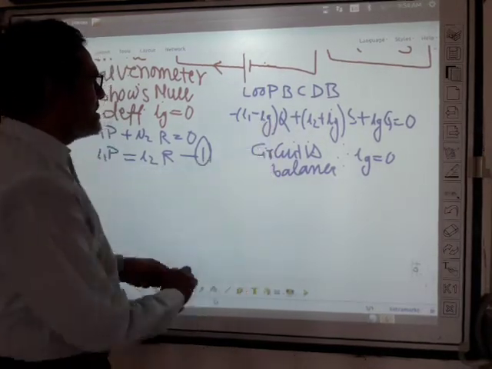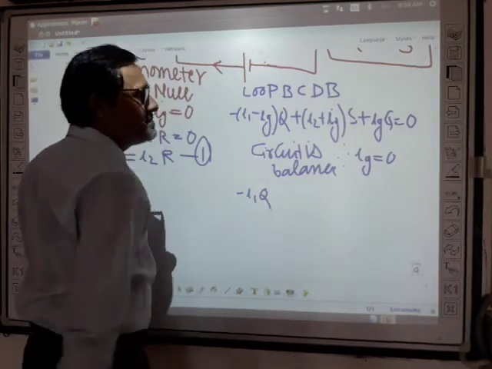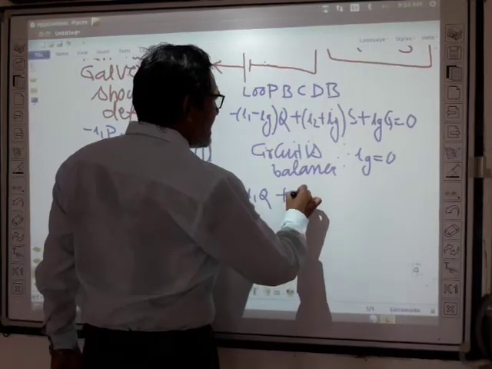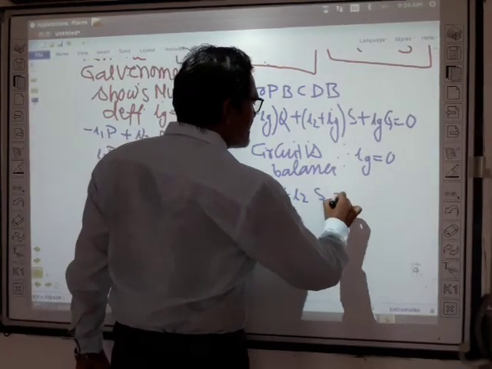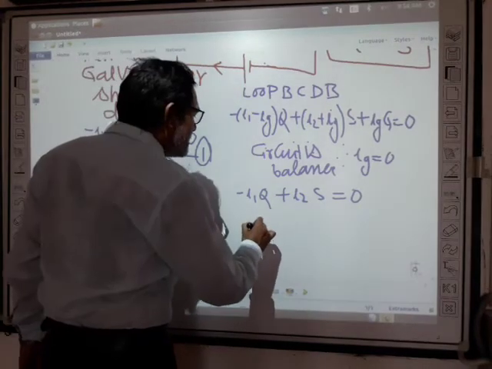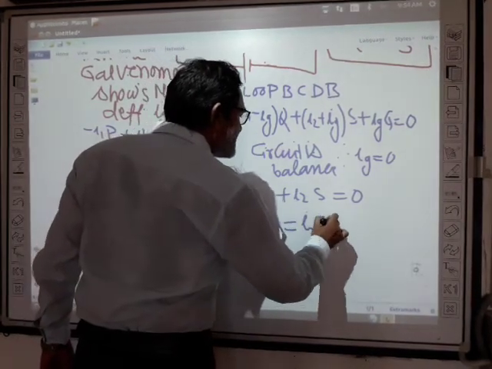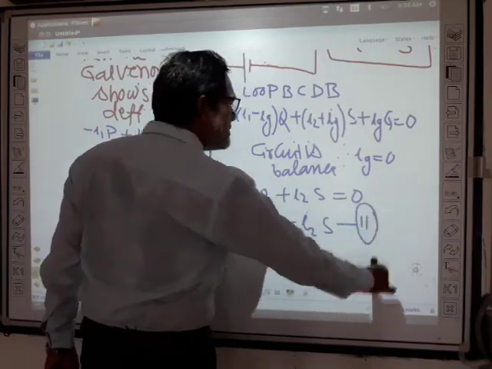Ig is 0, then remains minus I1Q plus I2S is equal to 0, or I1Q is equal to I2S, equation number 2.